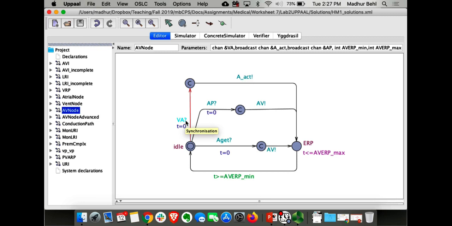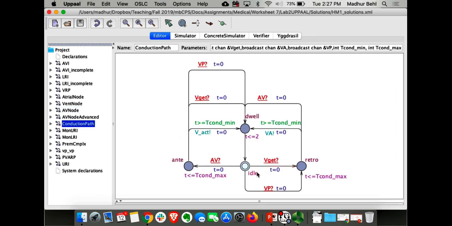VA, this is retrograde. So the conduction works both ways. The only difference is that if you are in idle and you received a pacing signal from the pacemaker, you go into retrograde. If the path was idle and the pacemaker paces the ventricles, then we are forcing a retrograde conduction, so we respond to that.